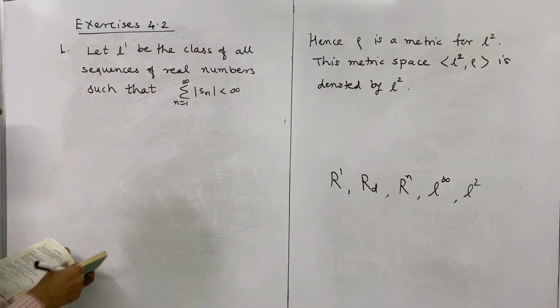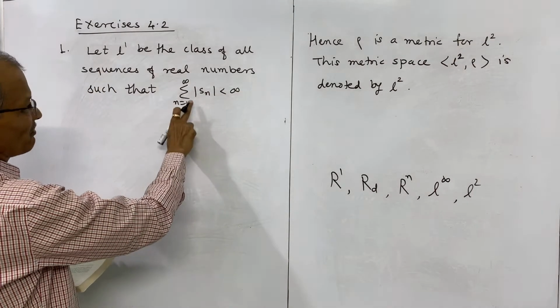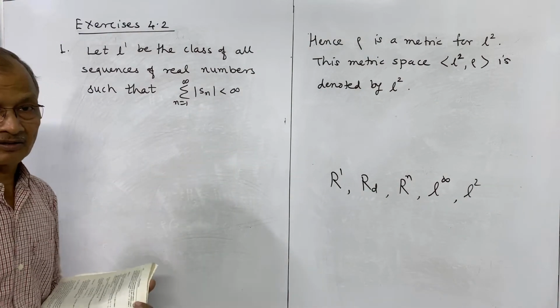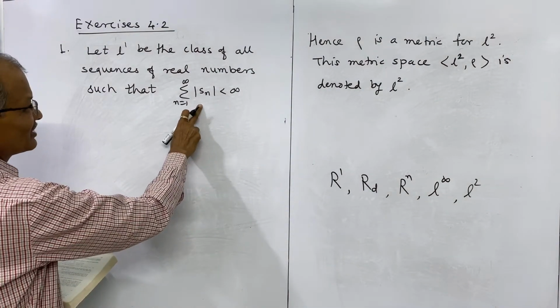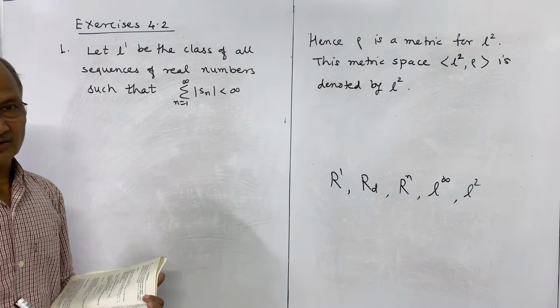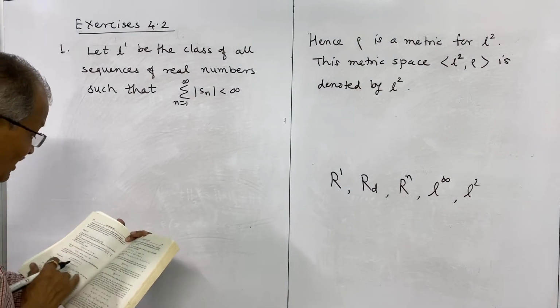What is the meaning of this? This series sigma Sn is absolutely convergent.